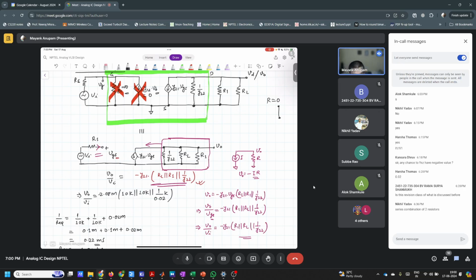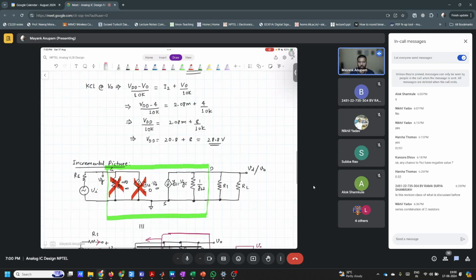There is just a plain wire. Similarly, if you have a voltage source between two terminals and you find that this voltage difference is 0, then also you can say that it is effectively a short circuit. Fine. So understood, right?